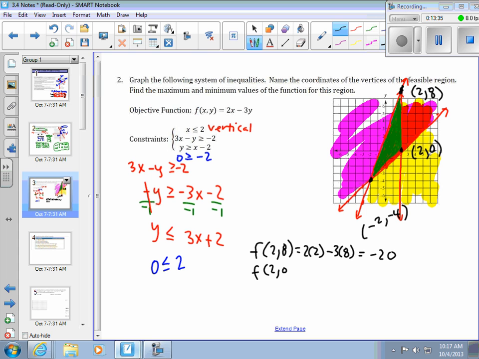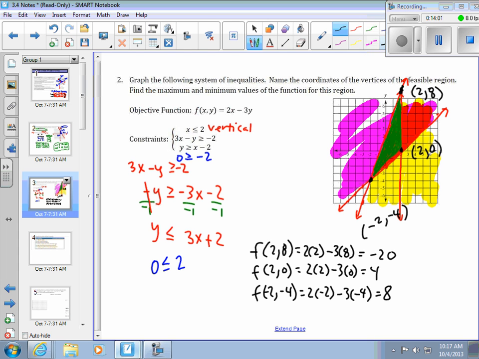Put your other points in, (2, 0). Doing some math there, you get 4, and finally check it with the last point, (-2, -4). Be careful here on this one, two negatives on that second one would make +12. So you got -4 plus 12, which comes out to be 8.